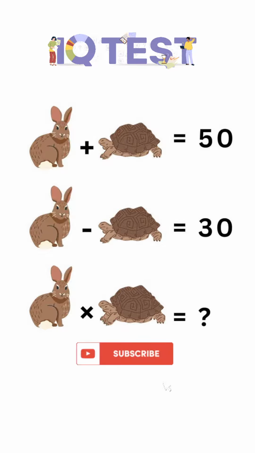No, the final answer is not that. It is 40 times 10, which is 400. So the final answer is 400. Yes, exactly. Max, you are right. So the final answer is 400.